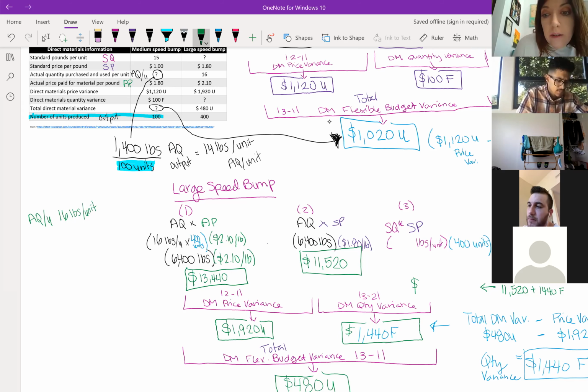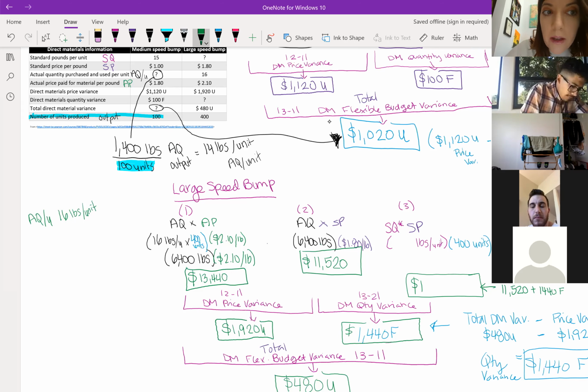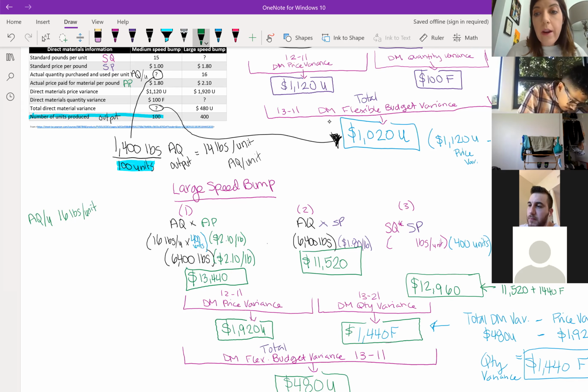What you should have spent, because they actually spent less than they should have for the quantity. So you're backing into this number. 12,960 is how much they should have spent on direct materials when they created 400 units.